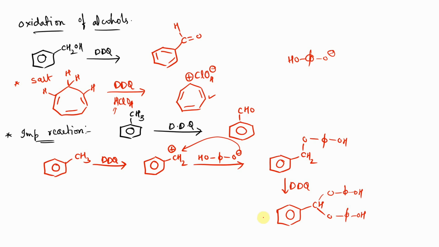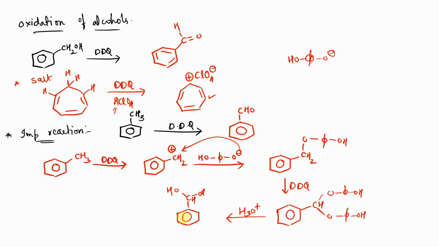When you add a molecule of protonated water, in this reaction, these two O groups over here will take a hydrogen, leaving behind an OH group attached to the carbon atom of the benzylic ring, like this. That is nothing but a diol, CHOH, OH.